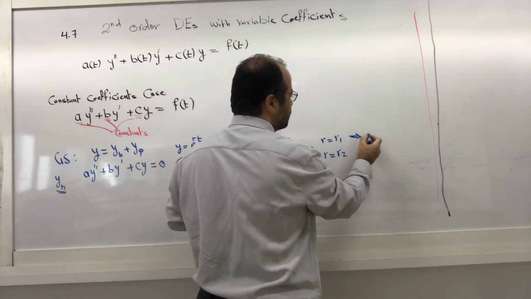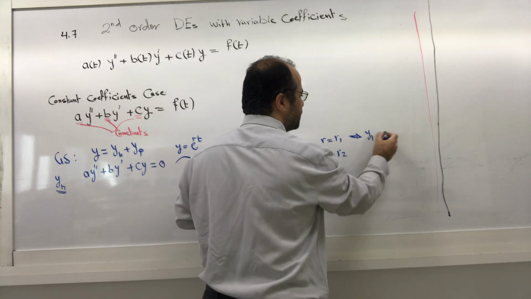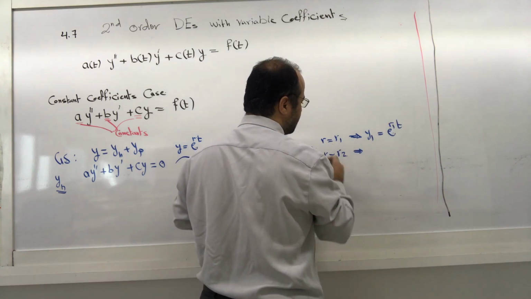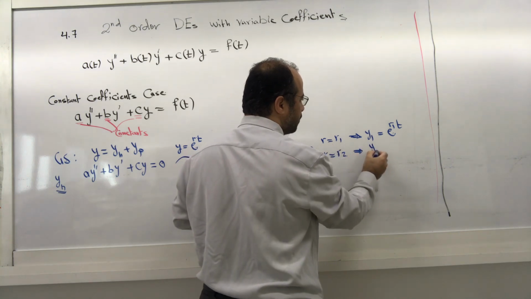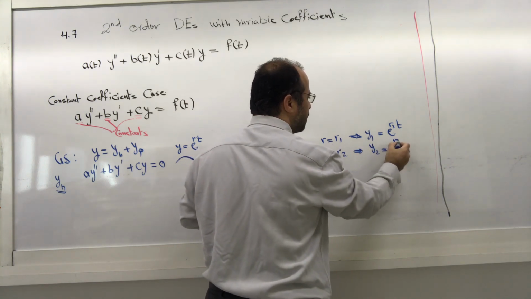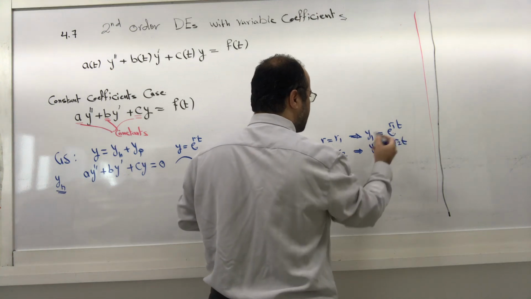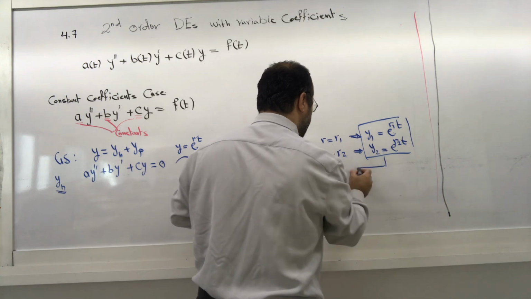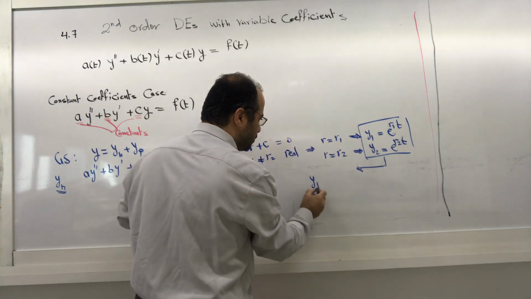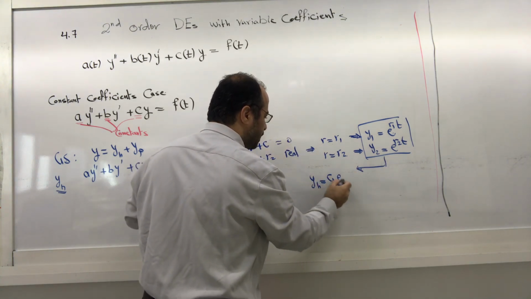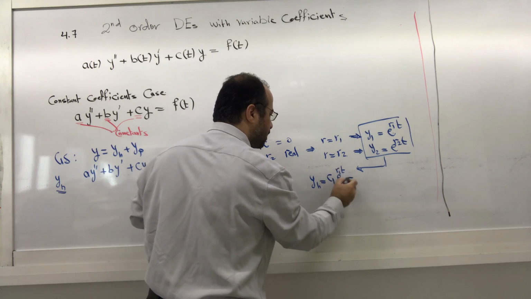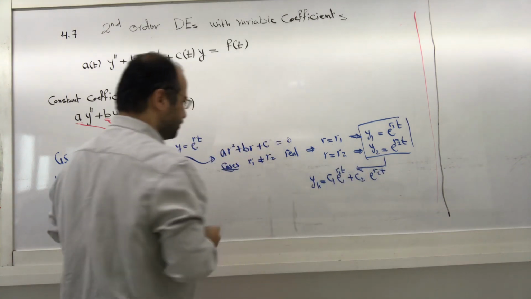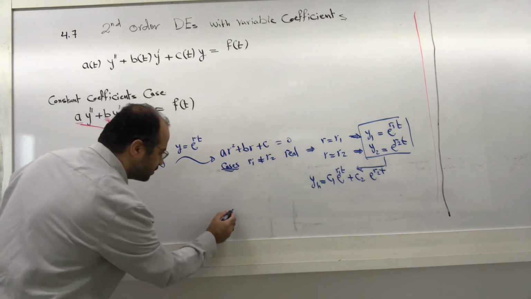For the first one you get y1, which is e power r1 t, and from the second root you get y2, which is e power r2 t. From these two you can build up your homogeneous solution: y homogeneous will be c1 e power r1 t plus c2 e power r2 t.